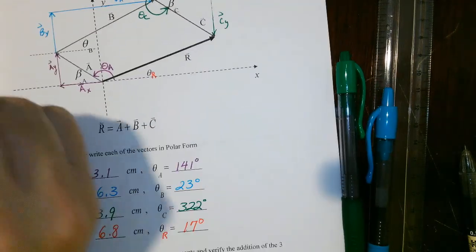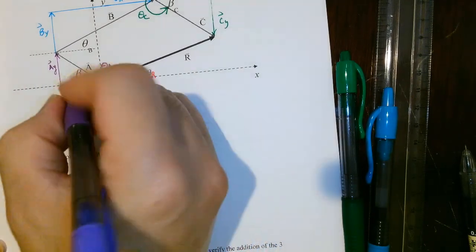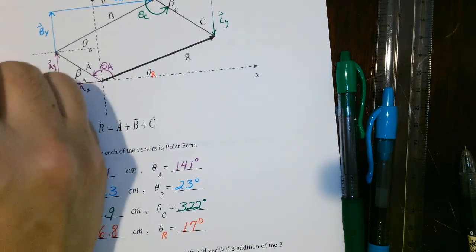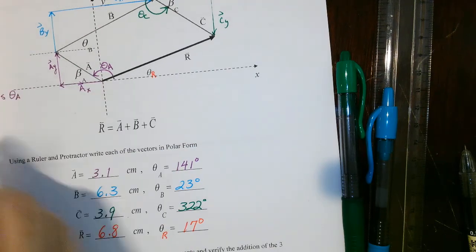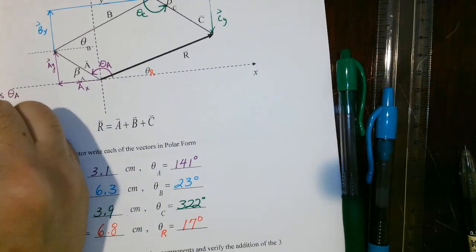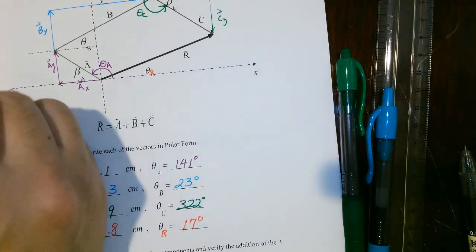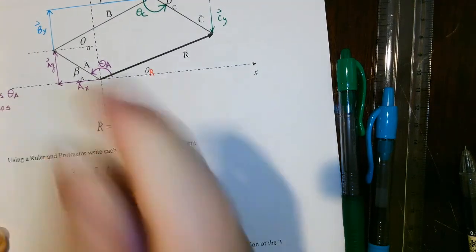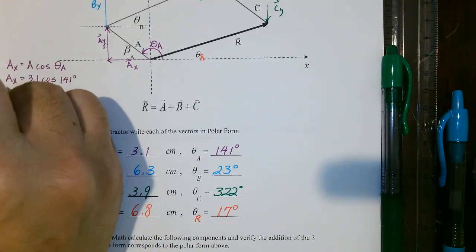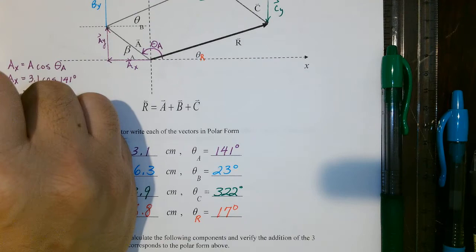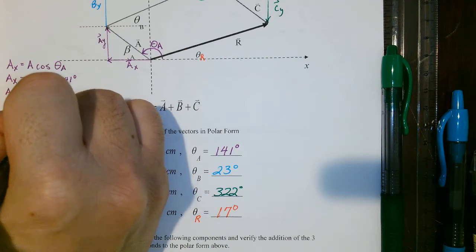Okay, so I will start with AX. Since it is adjacent to my angle, I can say AX is A cosine of my theta A. That will automatically give me the proper sign, right? So my AX is equal to 3.1 times cosine of 141. So my AX comes out to, looks like, negative 2.41 centimeters.